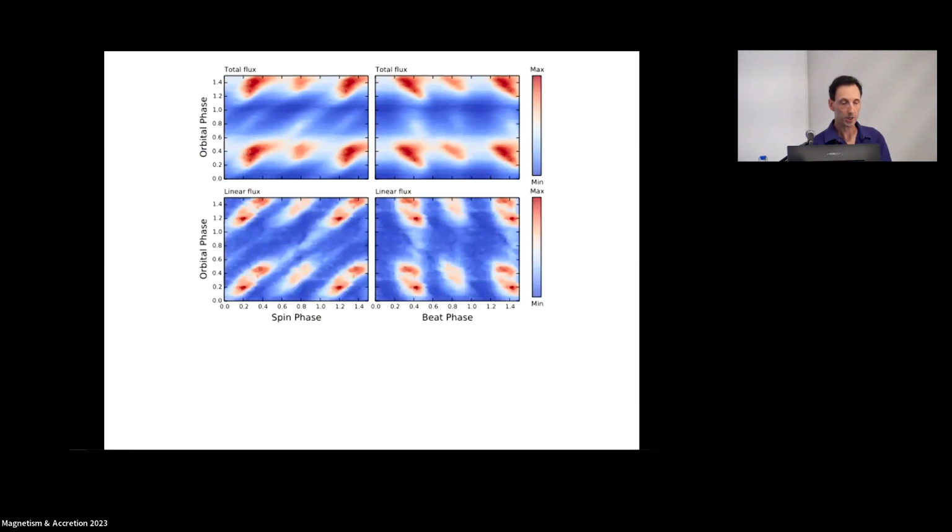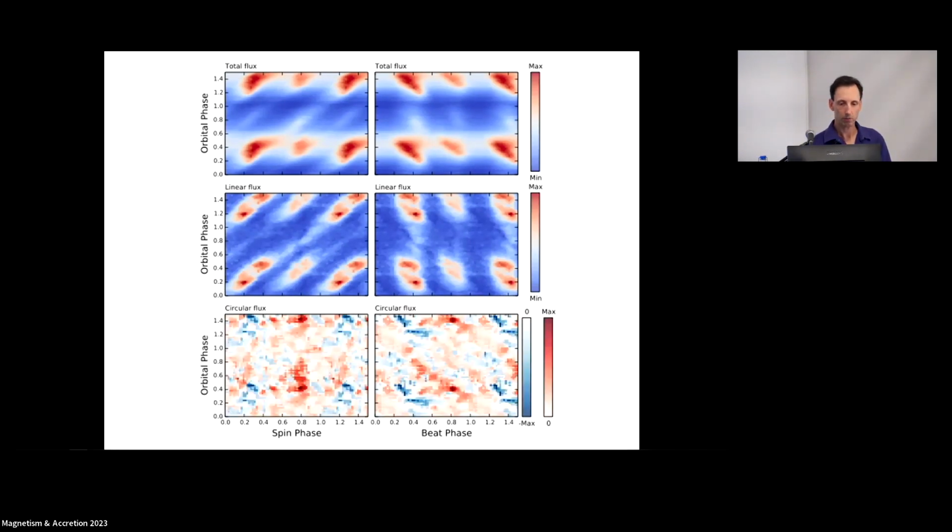We can produce a similar plot for the linear polarization, and you can see here again the linear pulses evolve with orbital phase, strongest at around the earlier orbital phases, but also the pulses split into two in these diagrams. And they also have this diagonal structure between the two.